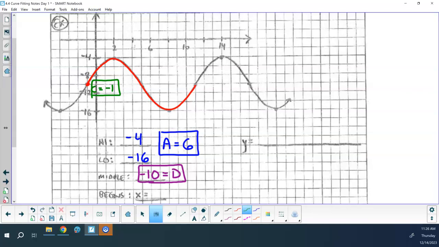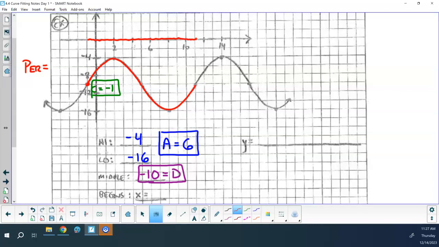The horizontal distance that it takes me to get back to the same spot is my period. Correct? What is the length of my period? Is it 10? It's literally in front of you. Is it 12?